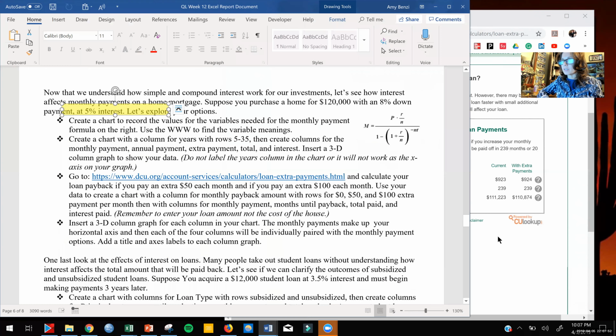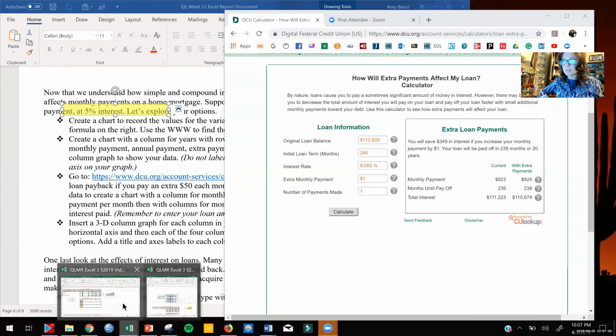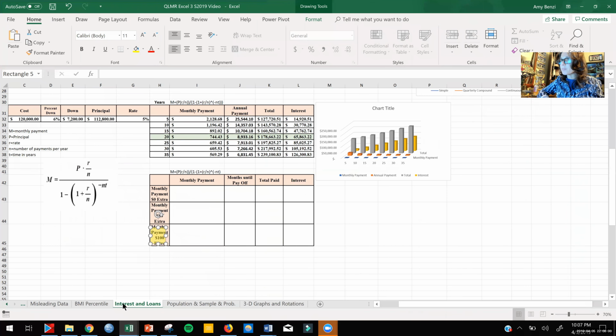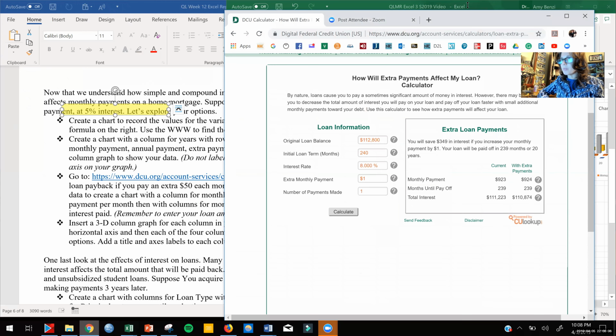And we have our months and then our interest rate. Sorry, I'm probably making you dizzy with all this back and forth. Our interest rate was 8%, right? No, our interest rate was 5%.